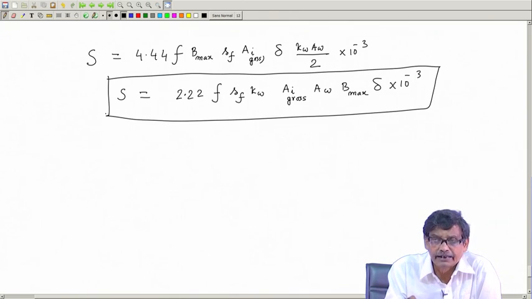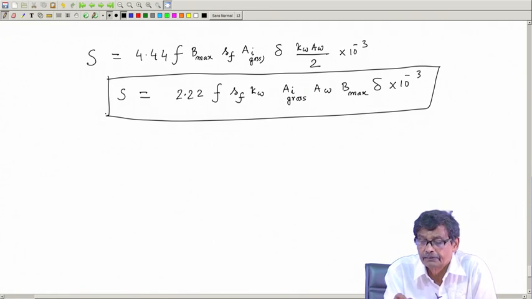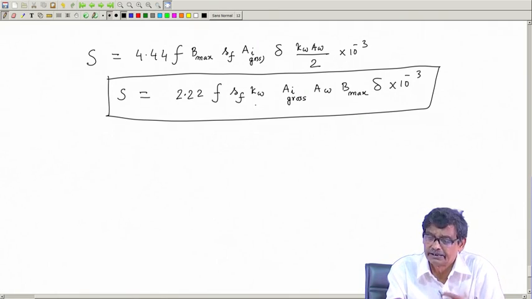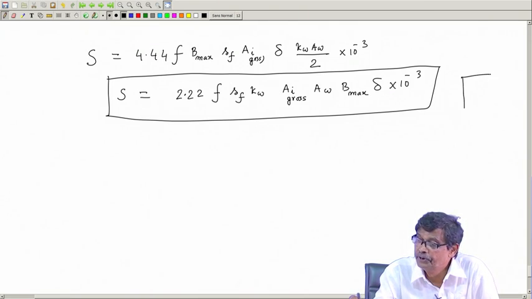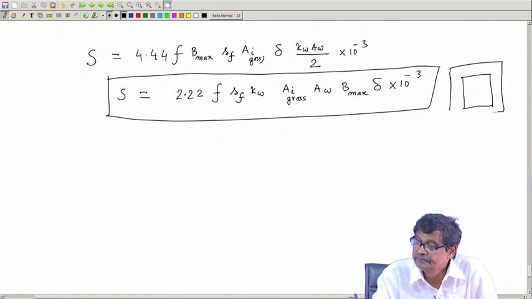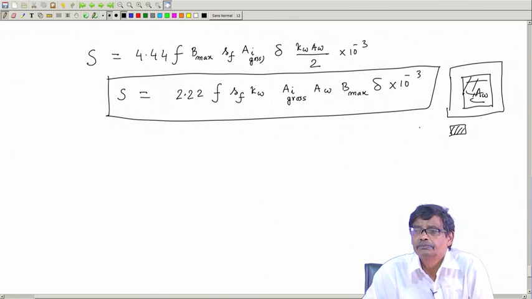So, these are the 2 factors: stack factor about 0.95, window space factor about 0.35, 0.33 like that. AI gross area is this area, and this is the window area. Are you getting AW? So, this will determine the physical dimension of the transformer.